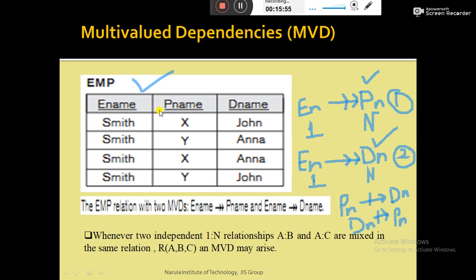Again, I am repeating, a relation has an MVD if it has two 1:n relationships in it, and the multi-valued attributes are not dependent on each other.